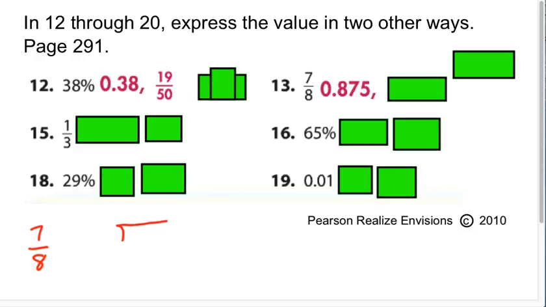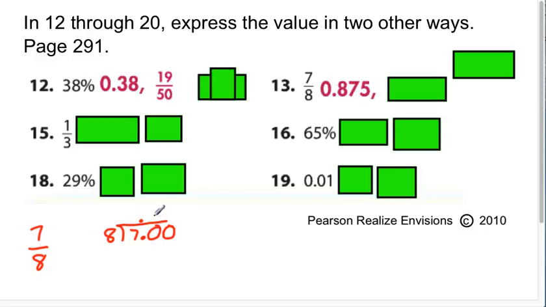You would put your 7 on the inside, your 8 out here, and 8 can't go into 7, so we put a decimal point in and take it out to the hundredths to begin with. We can always take it out further if we need to, because we can annex more zeros.